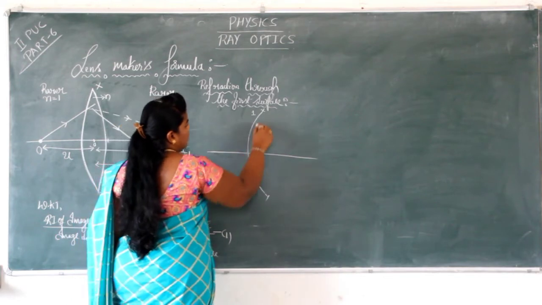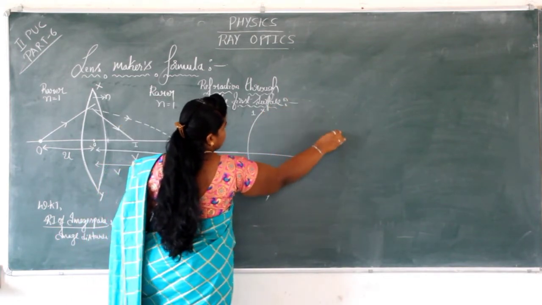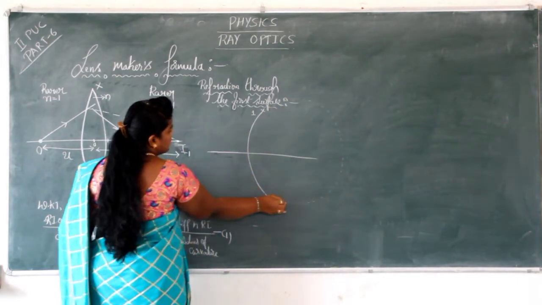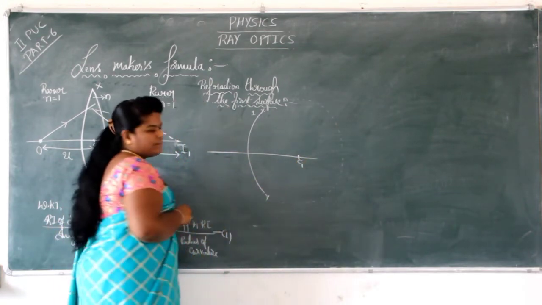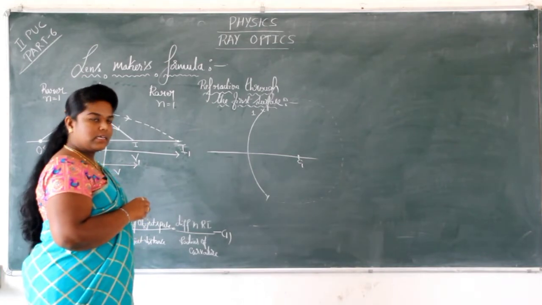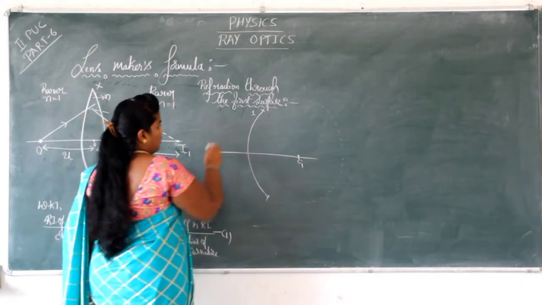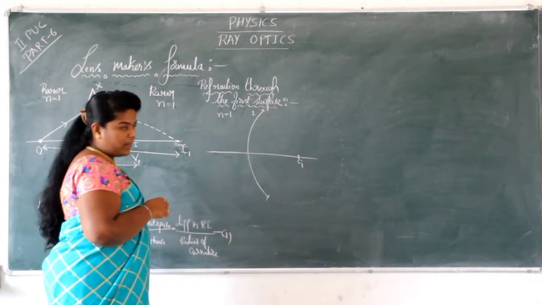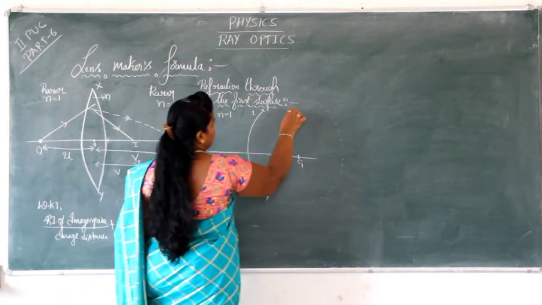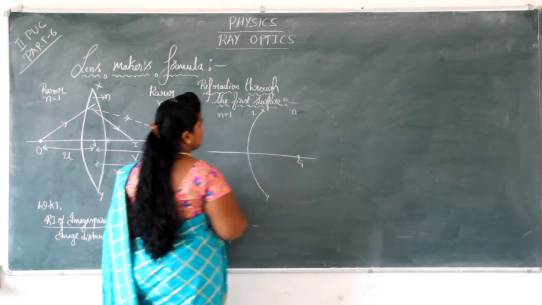Now, if I just extend this, I will get a center of curvature. So this is the first surface, and I will call the center of curvature C1. Whereas this is the rarer medium with the refractive index 1, and this is a medium with the refractive index n.